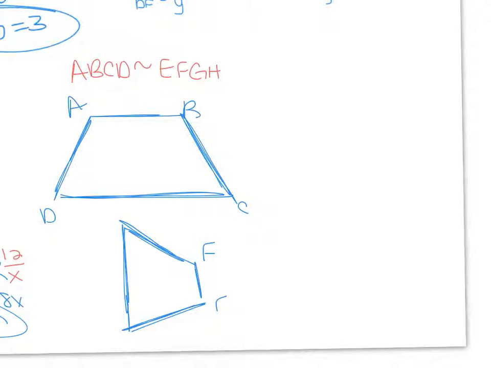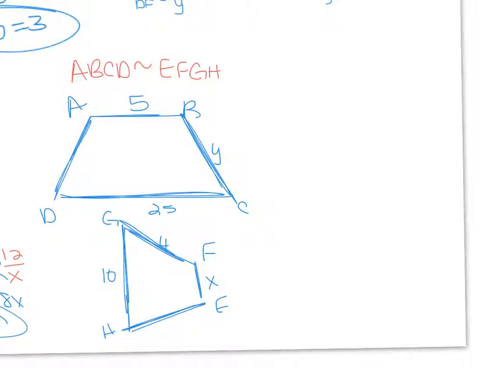And we have F, E, H, G. Okay, and I'm going to tell you that AB equals 5, BC equals Y, DC equals 25, GF is 4, FE is X, GH is 10.